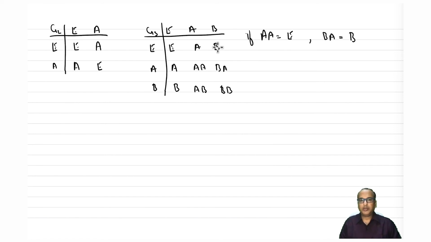So two rows or two columns cannot have the same elements at the same place. If I put this as E, this has to be B, and you cannot have two B's in the same column. It's like a Sudoku puzzle, where you cannot repeat any digit. So very similar to that. So this condition is not valid.